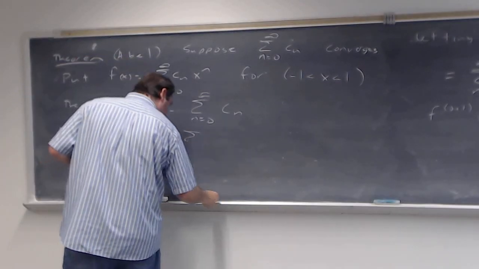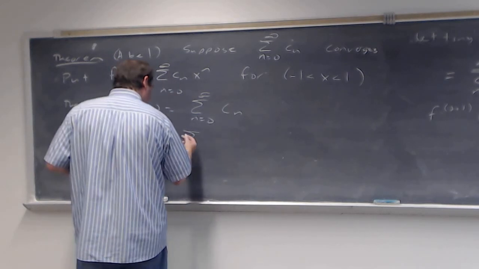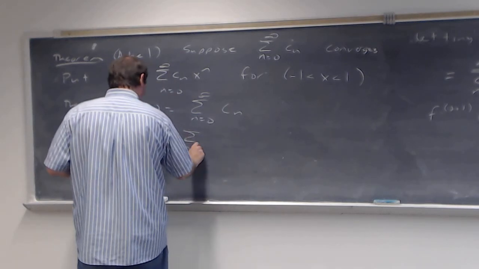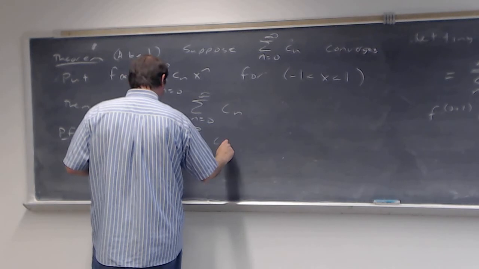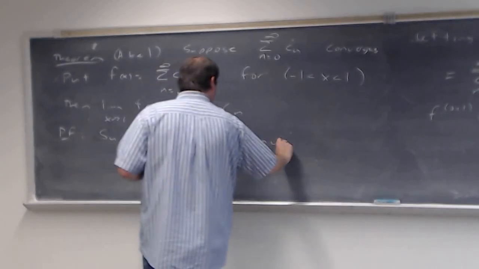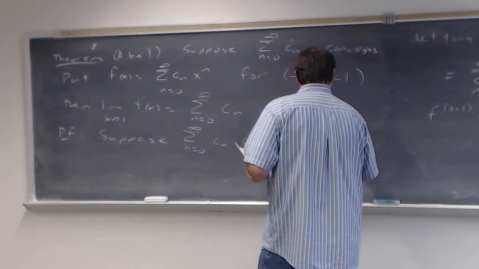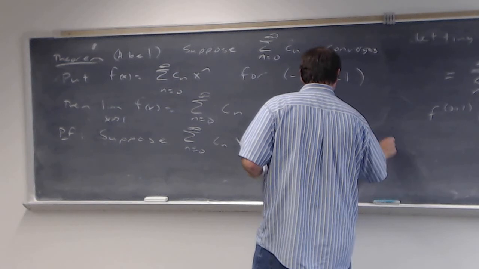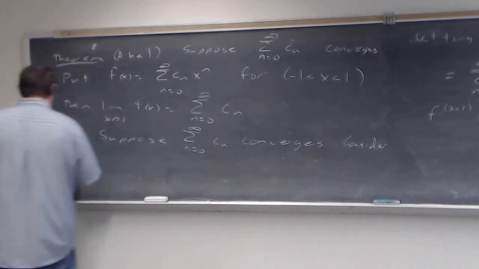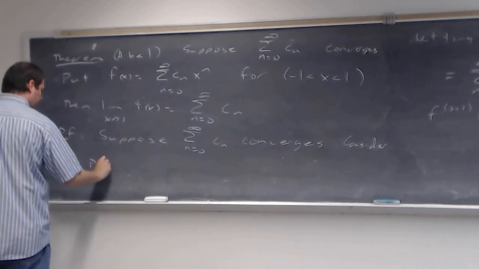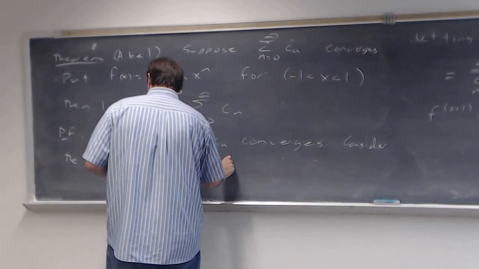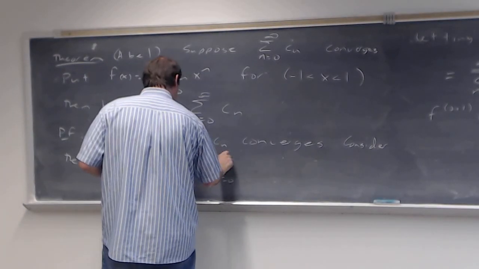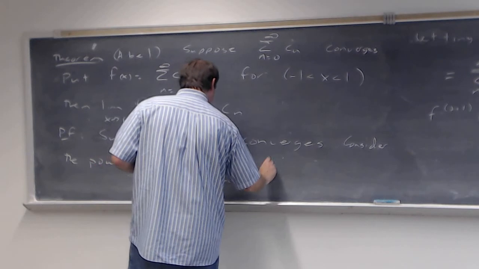Suppose the sum as n runs from 0 to infinity of c sub n converges. Consider the power series, the sum as n runs from 0 to infinity of c sub n x to the n.